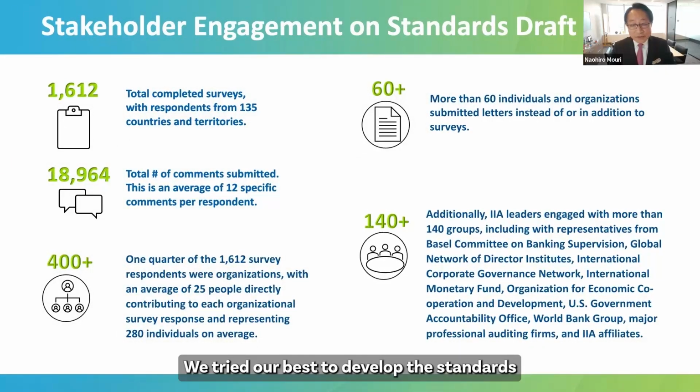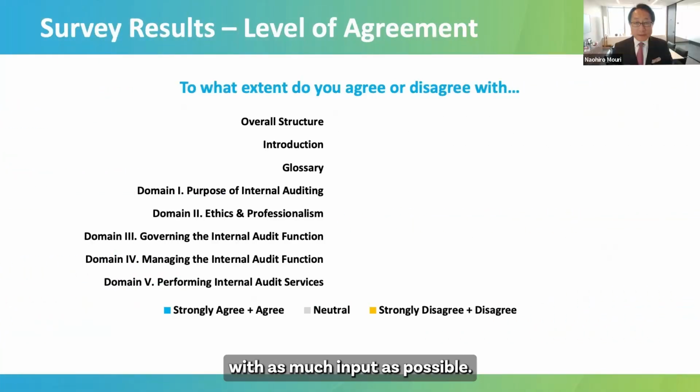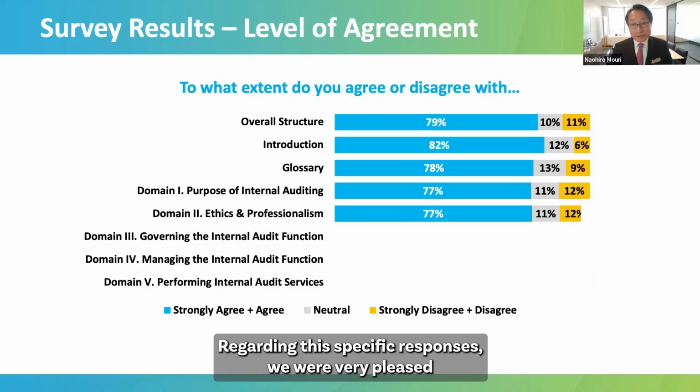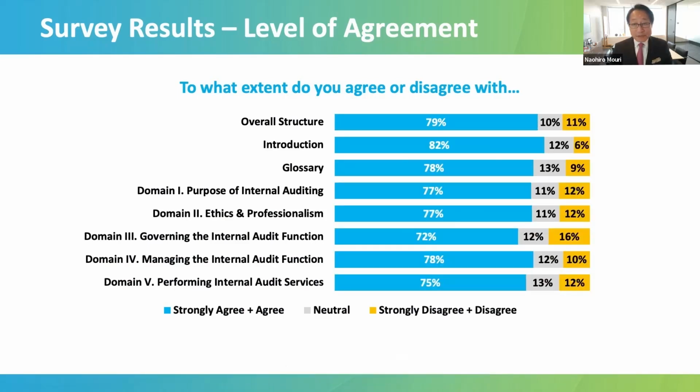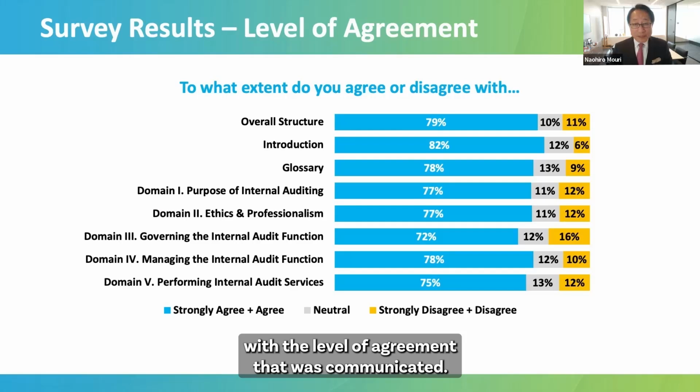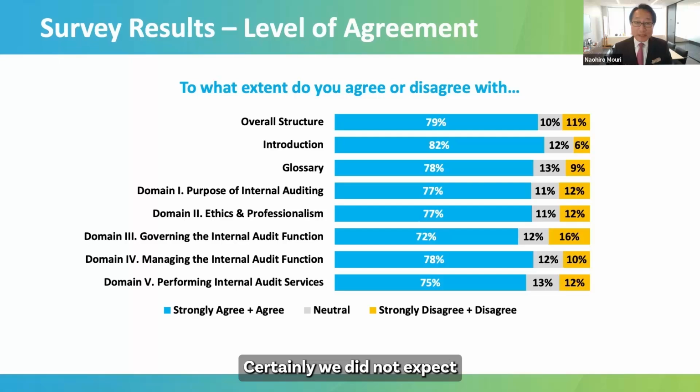We tried our best to develop the standards with as much input as possible. Regarding the specific responses, we were very pleased with the level of agreement that was communicated. Certainly, we did not expect 100% agreement with everything.